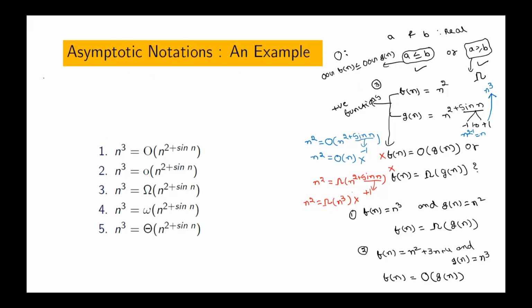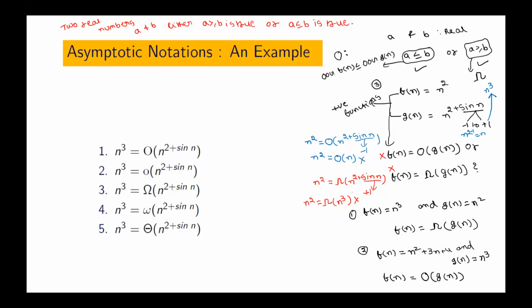For any two real numbers a and b, either a greater than or equal to b is true, or a less than or equal to b is true, always.